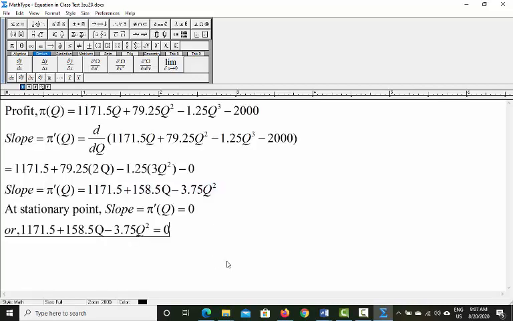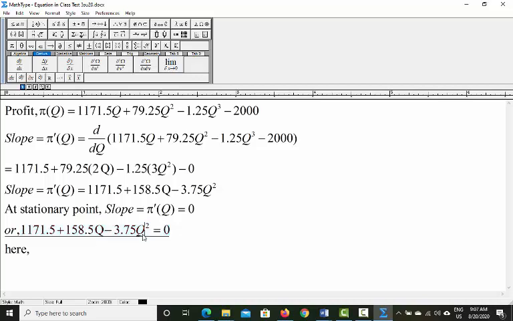So you have to solve it this way in the exam. This is a second degree equation, because here q is the variable, and the highest power over this variable is square.